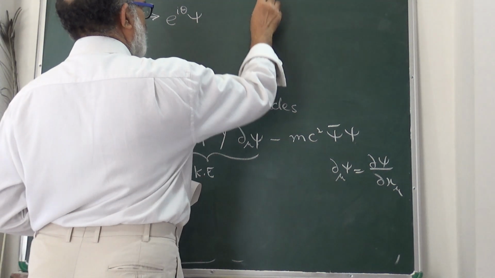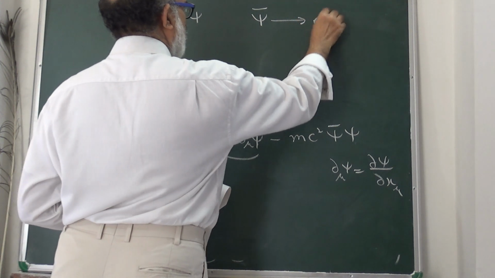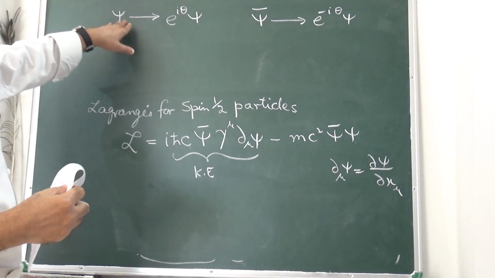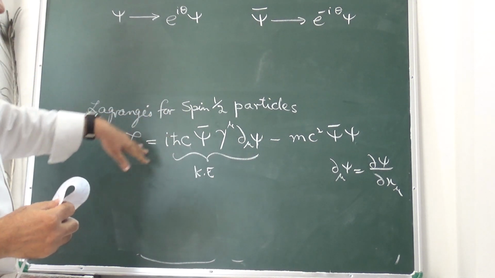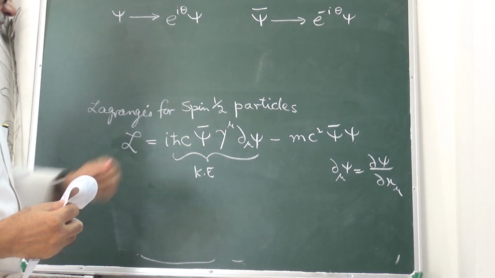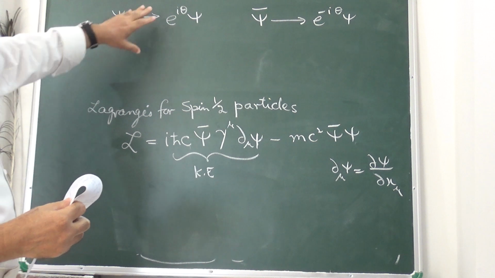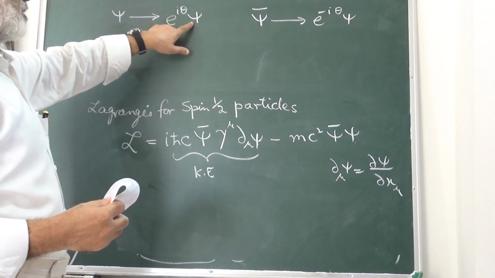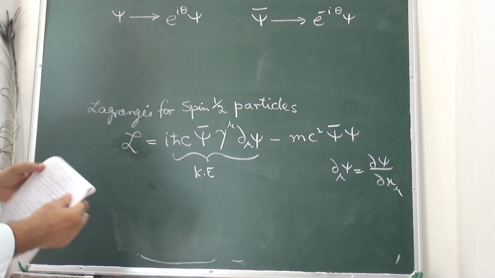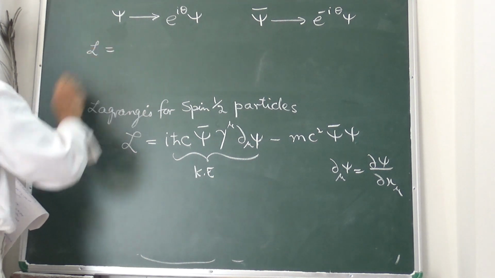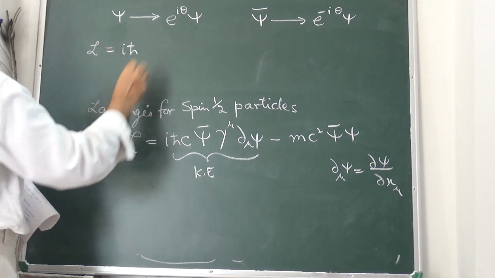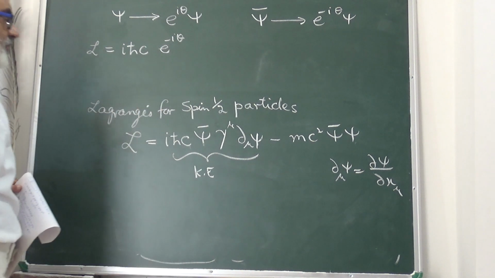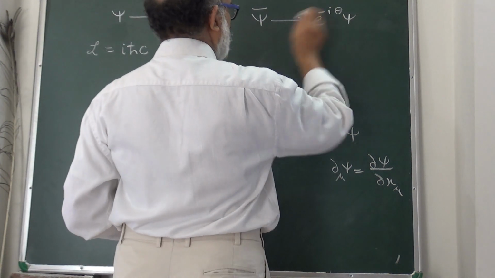Similarly, this will vary, e to power minus i theta psi. So if you substitute this value here, instead of this, suppose we have changed to this new Lagrangian, where psi undergoes a transformation by a phase factor of this much. So if you do that, you will get i ħ c, this is e to power minus i theta, where theta is here constant.